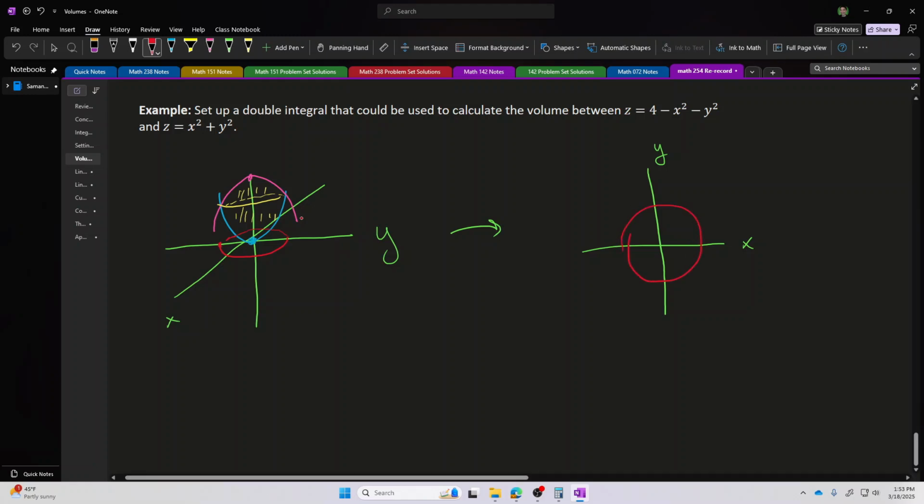And it looks like the outer rim of that disk will once again correspond to this ridge right here where the paraboloids intersect one another.